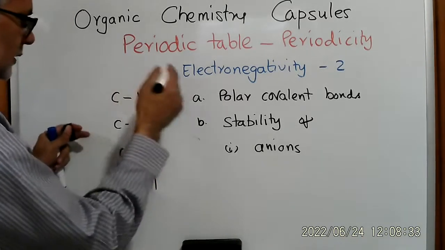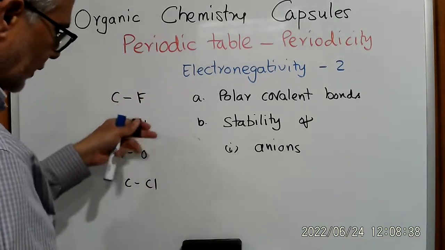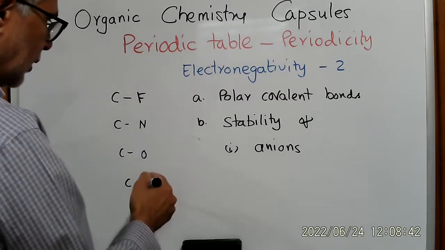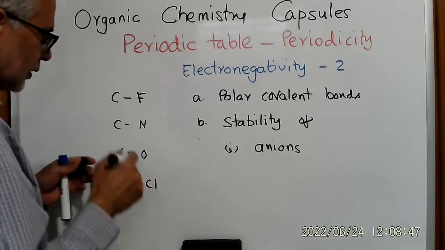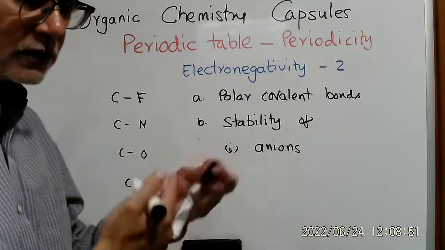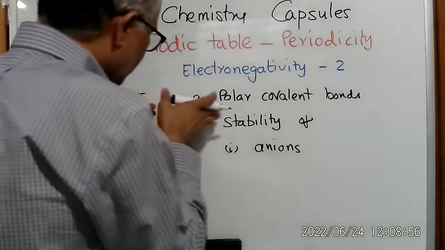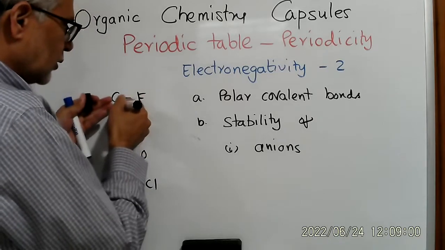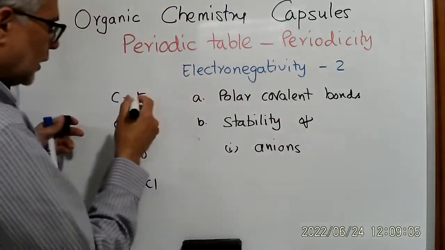So in these different types of bonds, carbon with fluorine, nitrogen, oxygen, chlorine, all these elements are more electronegative than carbon, as a result of which the two electrons, which can be considered as particles or clouds, are polarized towards the other element. So yes, they're sharing these two electrons to form a bond, but once the bond is formed, it's more polarized towards fluorine, for example.